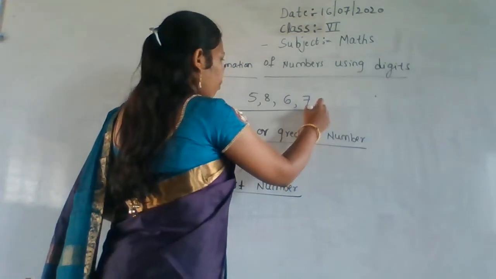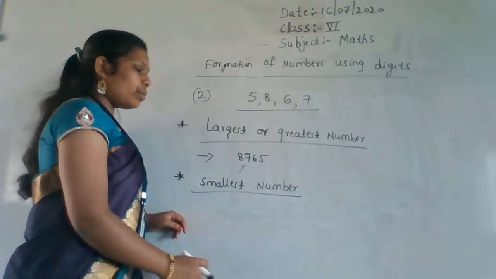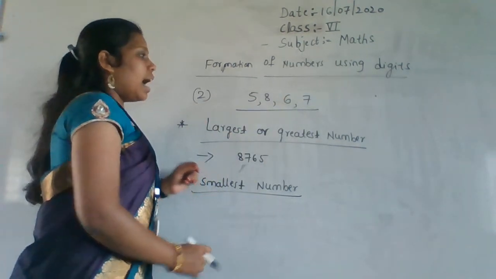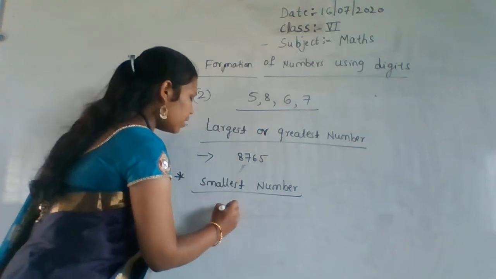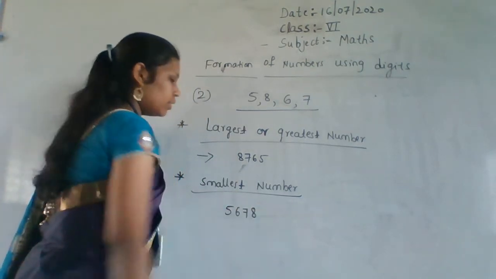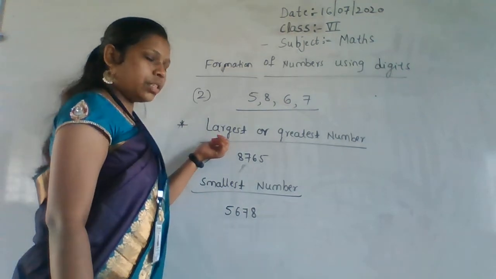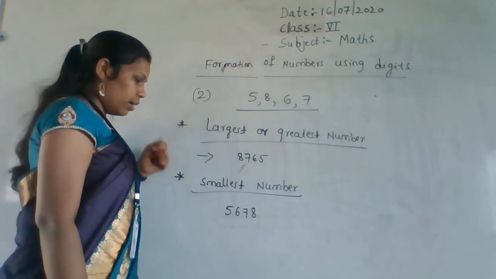They have given here 4 digit numbers 5, 8, 6, 7. You have to form the smallest number, and which is the smaller here? 5 is the smaller. After that 6, after that 7, after that 8. So this is the smallest number, and this is the largest or greatest number.